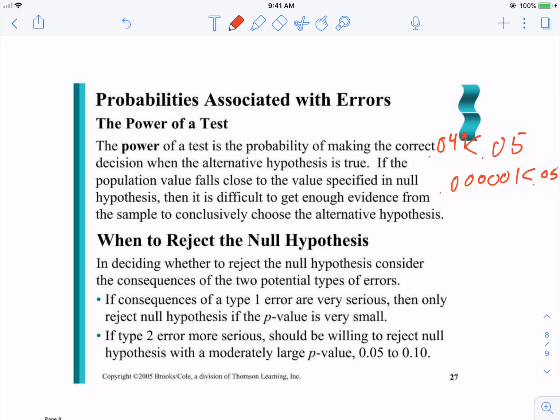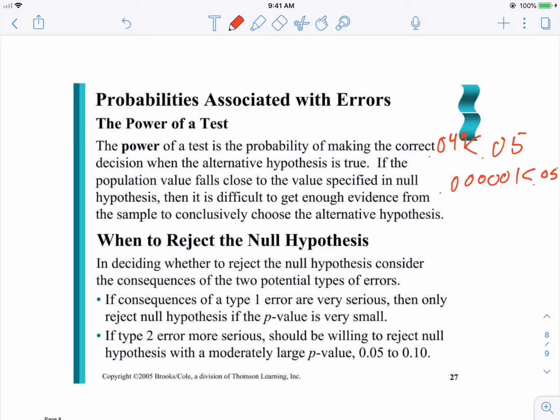When you're deciding whether to reject the null hypothesis, consider the consequences of the two potential errors. This is important, especially if the conclusions you're making have serious implications. If this is a medical test where making the wrong decision could affect a lot of people in a possibly catastrophic manner, you want to be very careful.